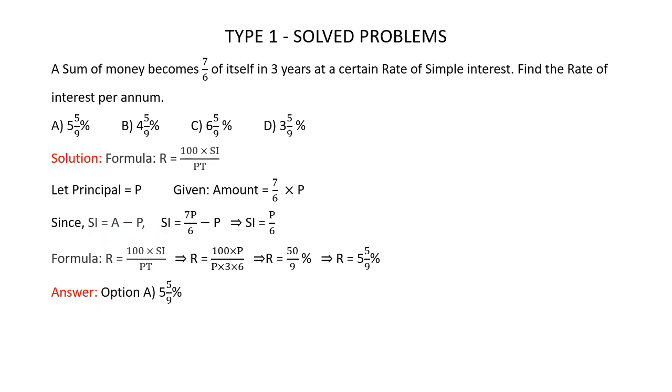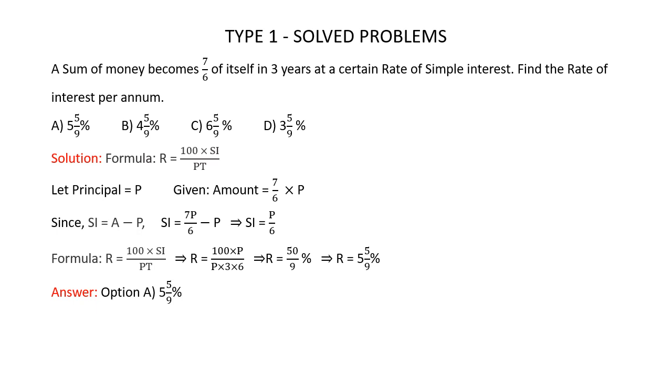So substituting these two values in the equation here, we get SI is equal to 7P divided by 6 minus P. On solving this, we get simple interest as P by 6.